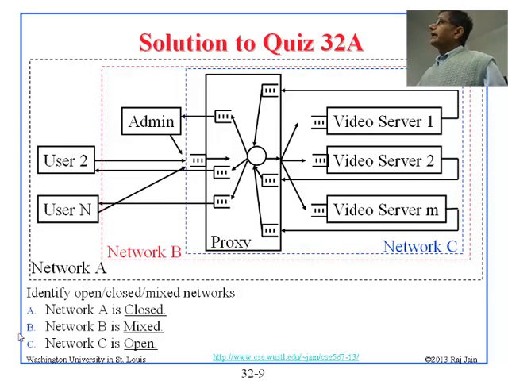So network A, the big network, is closed because there's nothing going out of it. Network B has some jobs which don't go out and some jobs which go out. B is red, sorry. It contains these admin jobs that don't go out. So it is mixed. And network C clearly is open for both classes. Actually, there are two classes here, and it is open for both classes.